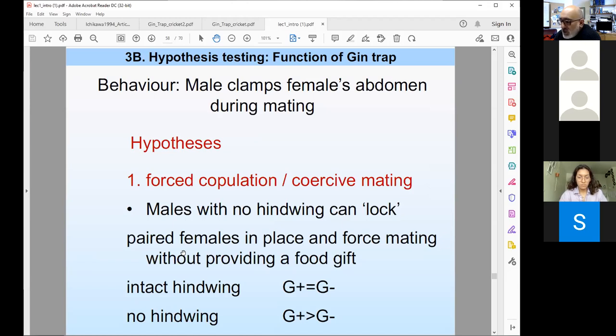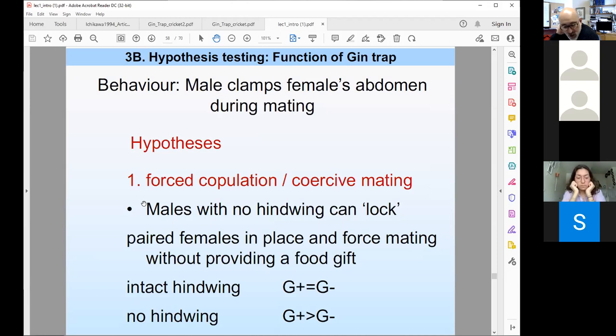So they were able to prevent the gin trap from being used. How they did that, I'm not sure. It's in the paper, but they manipulated it so that the male could not use it. And they also experimentally removed part of the hind wing that the female would feed upon. So you've got two conditions in this experiment.